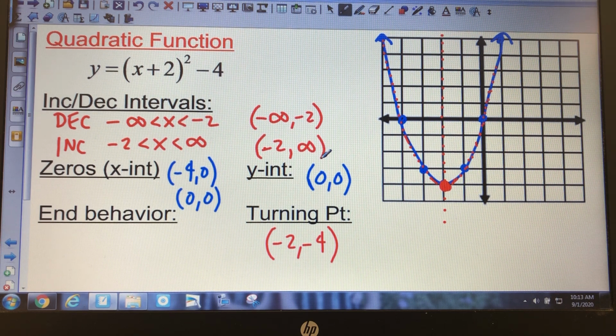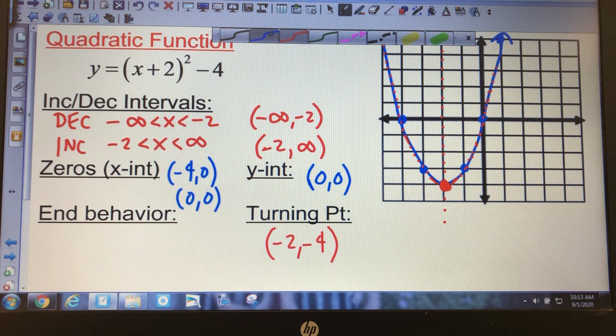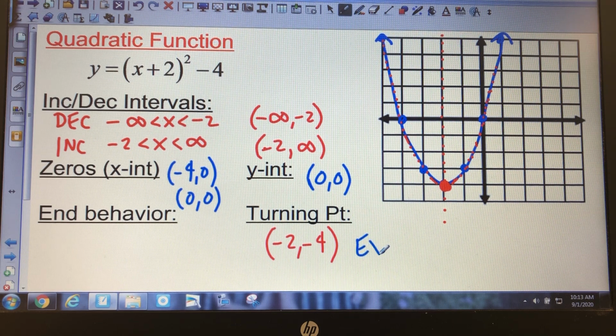Now that turning point, that point -2, -4, that's referred to as the extrema. Okay, extrema. Let me write that word there. Extrema. Okay. Now we also want to refer to that as a max or a min value. Now can you see kind of how it's at the bottom of our graph? So that is a min value. All right, that's your extrema.